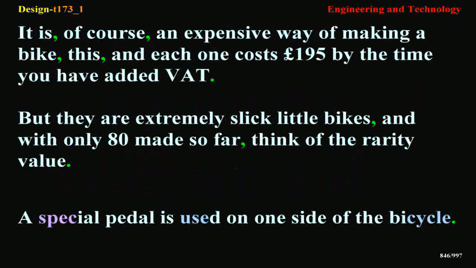It is, of course, an expensive way of making a bike. Each one costs £95 by the time you have added VAT. But they are extremely slick little bikes, and with only 80 made so far, think of the rarity value. A special pedal is used on one side of the bicycle.